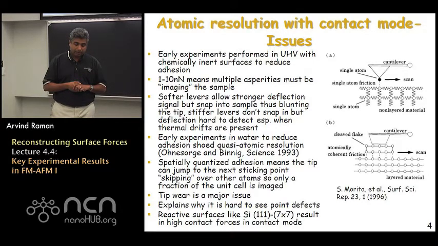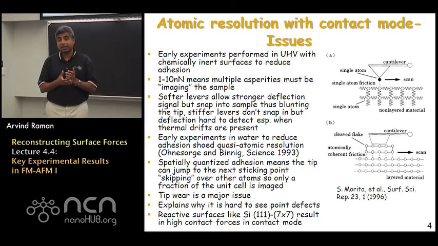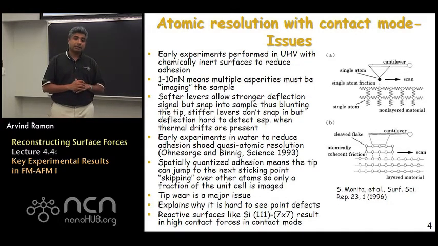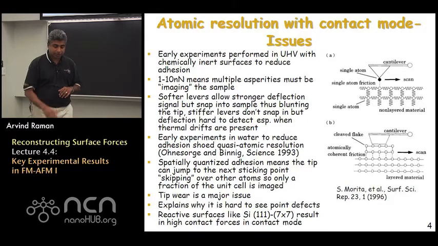And lastly, it was very hard with the contact mode AFM to really look at reactive surfaces, because the interaction forces between silicon tip and reactive substrates would be rather large, resulting in large forces and a natural inability to see atomic resolution images.